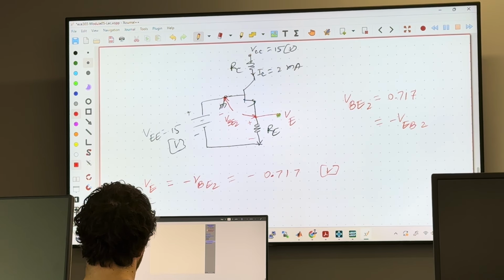So this voltage with respect to ground is going to be negative 0.717.